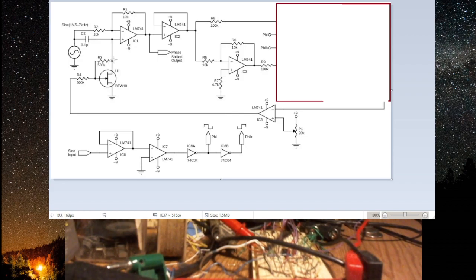It looks like it pulls down this transistor, does something with this input, and you've got a phase shifted output. Oh wait, that's the original signal. It just goes in, it's a unity gain. I'm not sure why the capacitor's there.